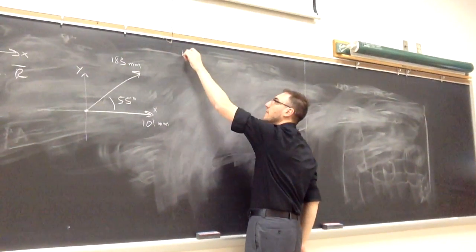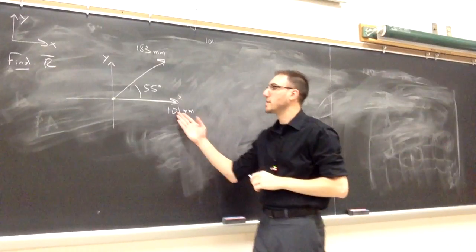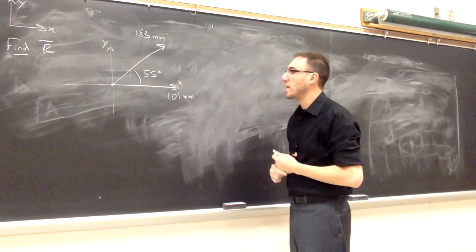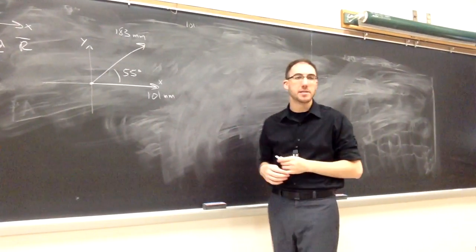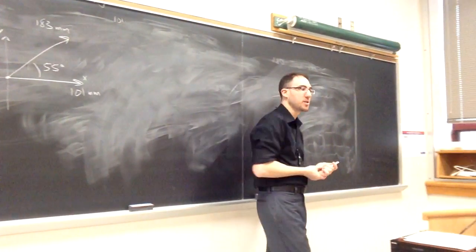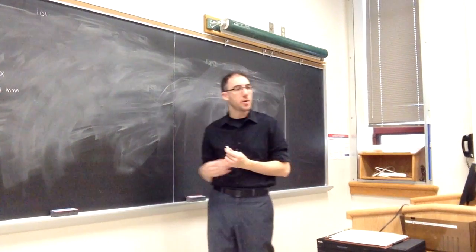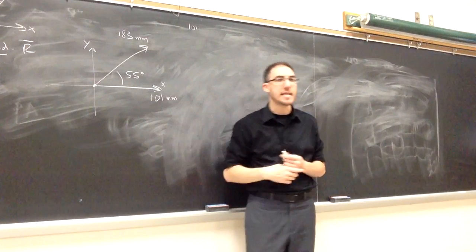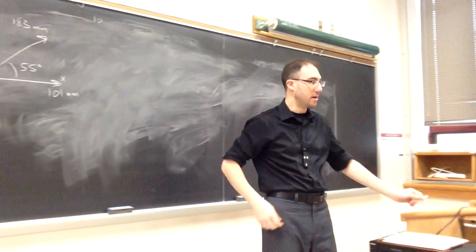So first we have to decompose our vector, or express each of these in their i, j component form. So we want to know how much of each vector lies along the x and how much lies along the y. So we'll start with an easy one. How much of the 101 millimeter vector lies in the x direction? Right, all of it.